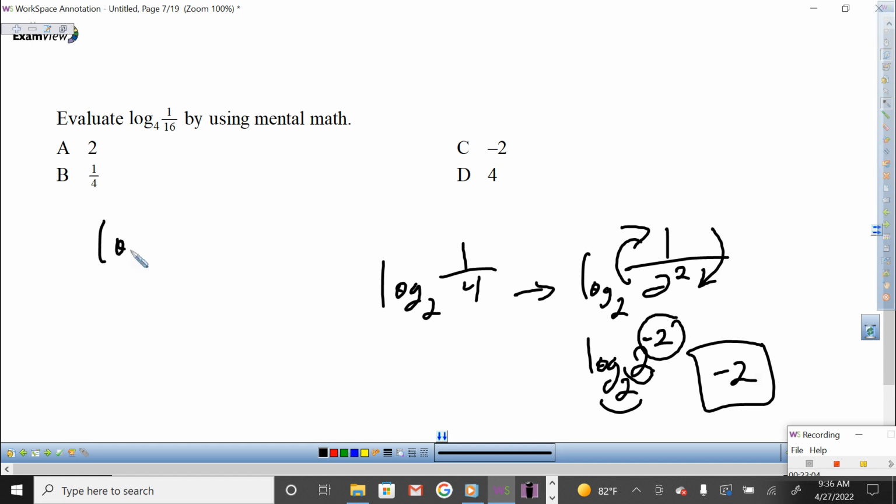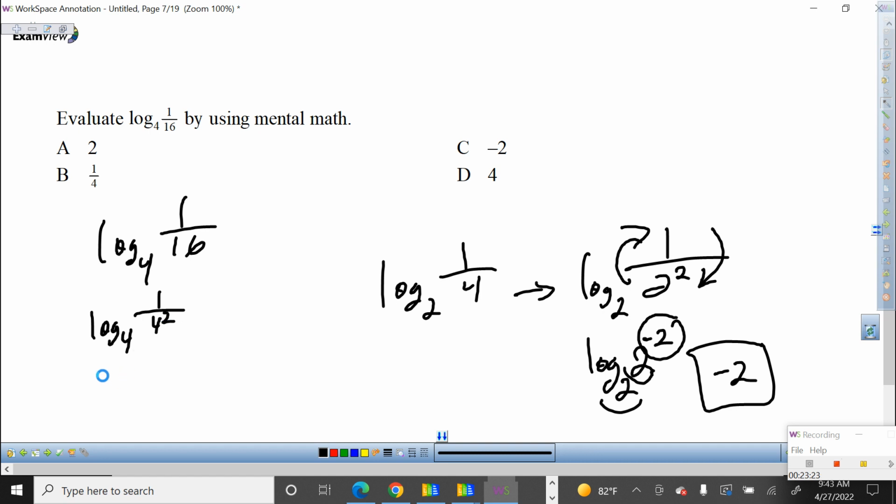We have log base 4, 1/16. I'll give you some time. Hurry up, please. Go. All right. Tell me what to do for this one, Mel. Go. Log base 4, what do I write? 1 over what? 4 squared. So this is log base 4 and then what?